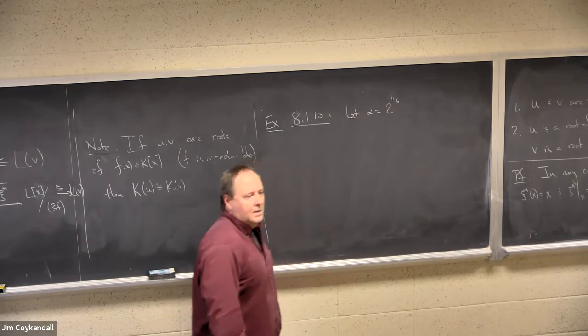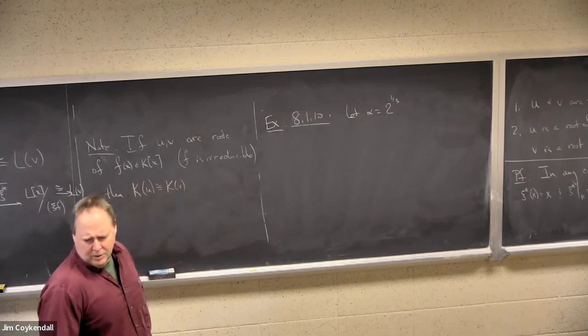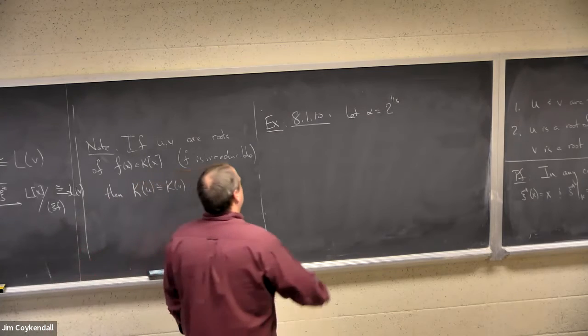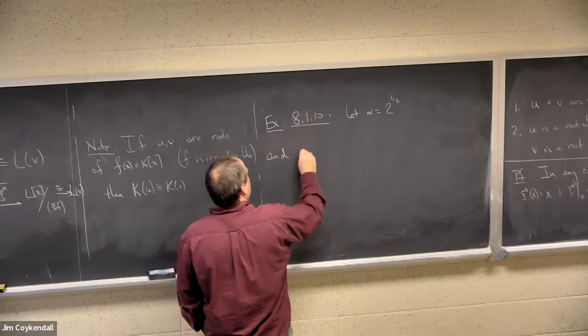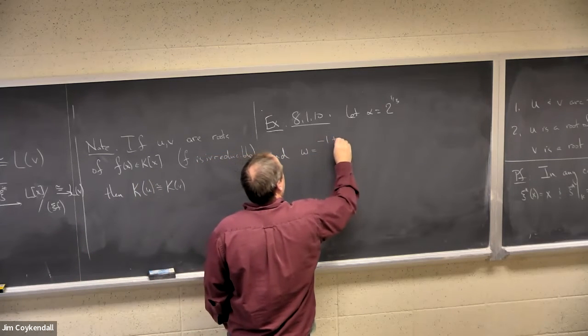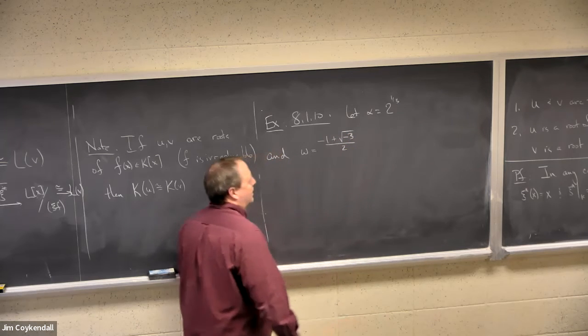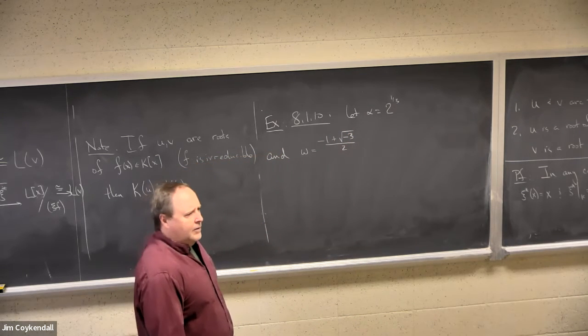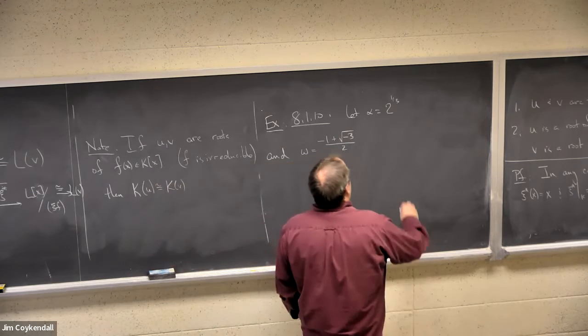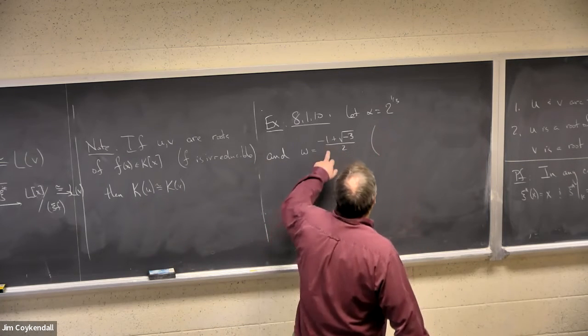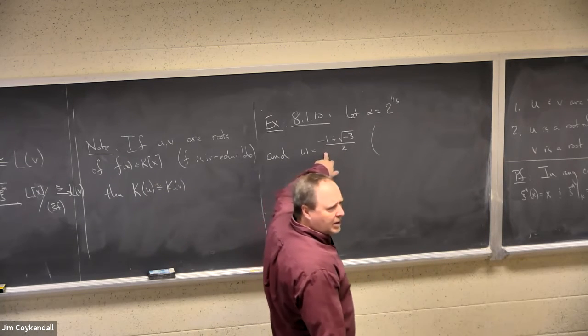Let alpha be the real cube root of 2, and omega this is called a primitive third root of unity. This is, of course, a complex, not real number.